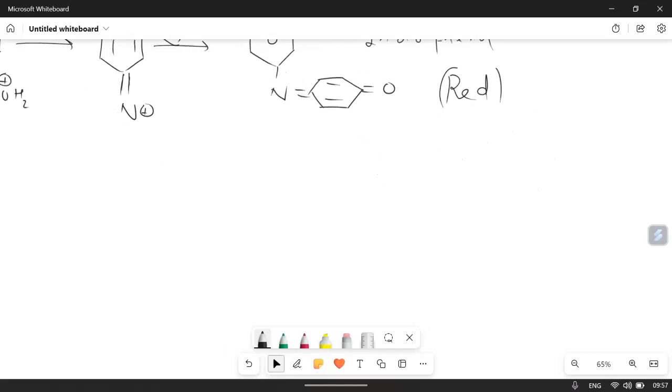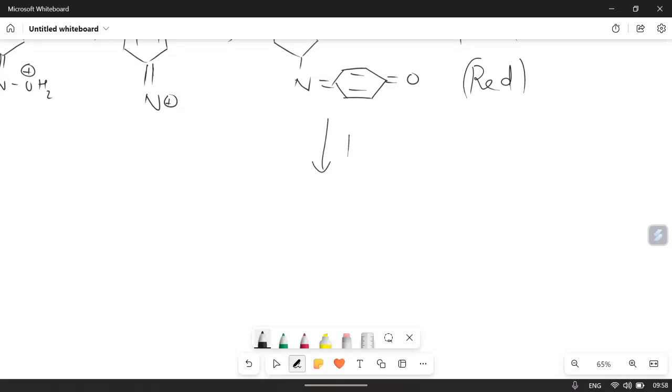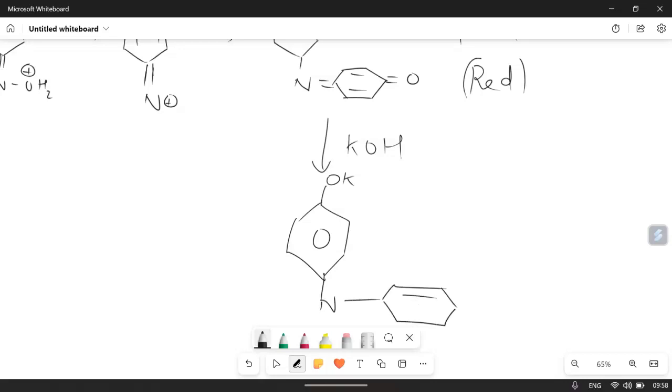And further, in the presence of KOH, it will convert into double bond O, which is blue in color.